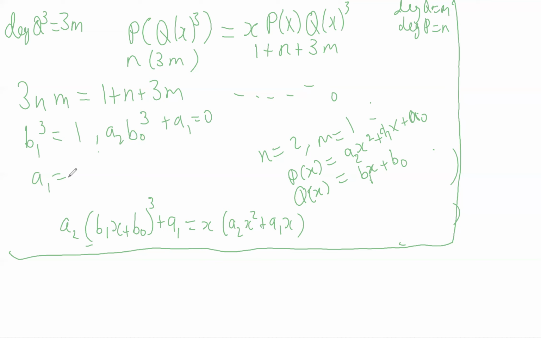So a1 equals a2 times 3 times b1 squared times b0. Is that right? Hmm.